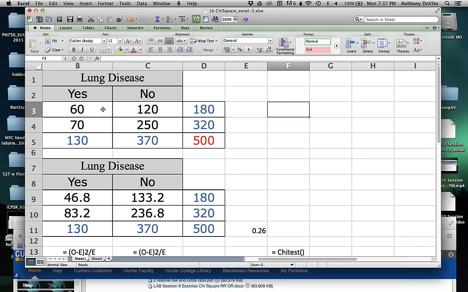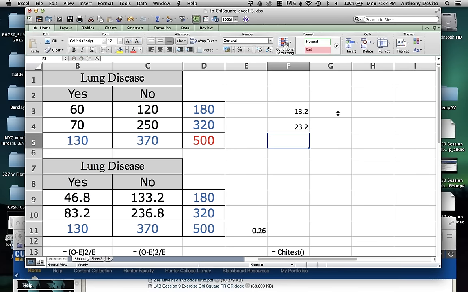I'm going to say, this 60 is the same number that's down here in my expected values for 46.8. So I'm just going to go over here and find the difference between these two. 60 minus 46.8, so the difference is 13.2. Well, 70 versus 83.2, what's that equal to? That's equal to 70 minus 83.2.